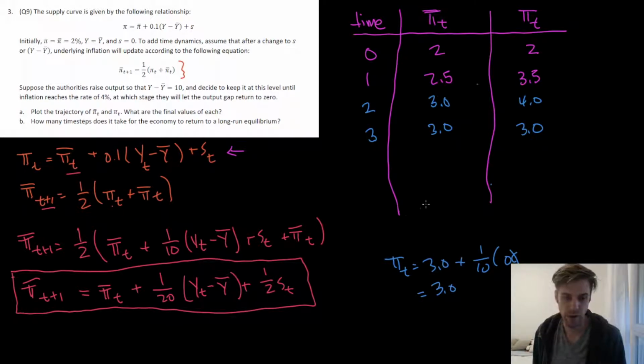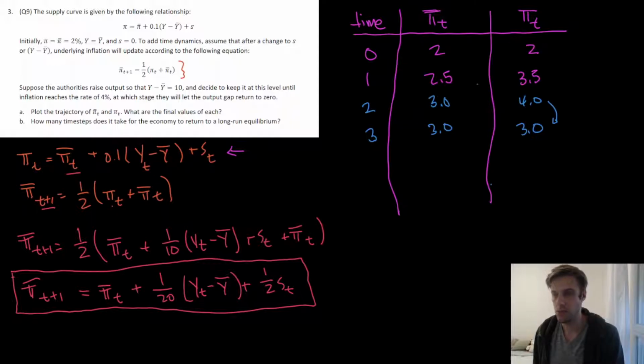You can see that if we do another round, we'll have that pi bar t plus 1 is equal to pi bar t. So that will stay at 3. And then pi t will be equal to pi bar t. So we'll be at 3. So it takes only one time step to go back to the equilibrium. And that equilibrium value in this case is 3.0.